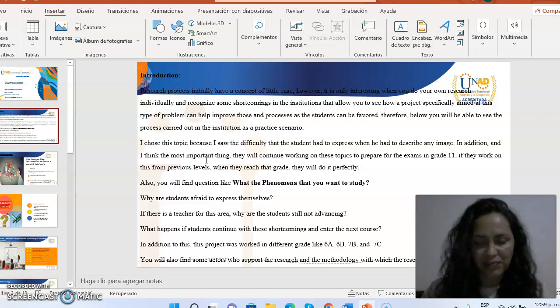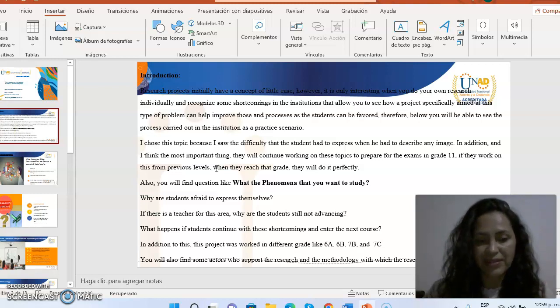I chose this topic because I saw the difficulty that the students had expressing themselves when they had to describe any image. Also here you will see a different question and the phenomena that you want to study. The question is: why are students afraid to express themselves?